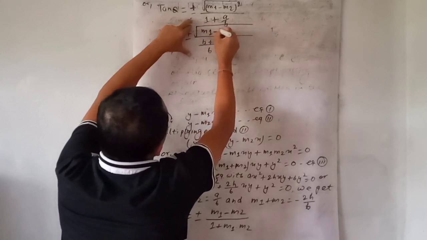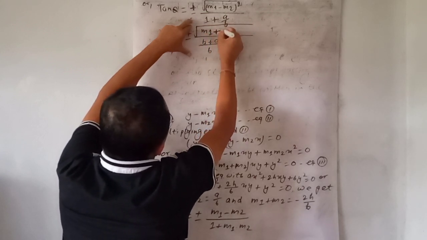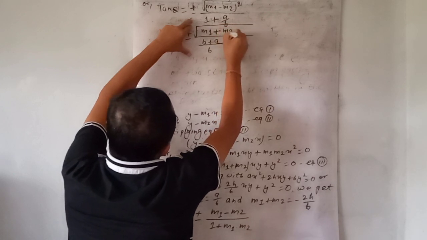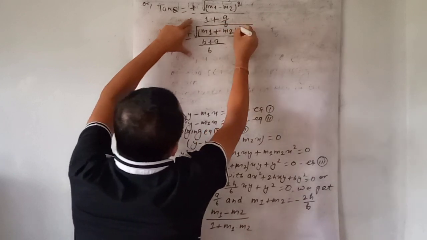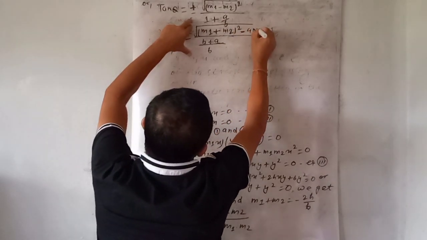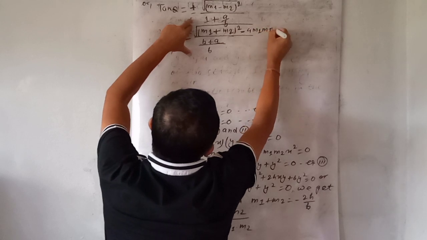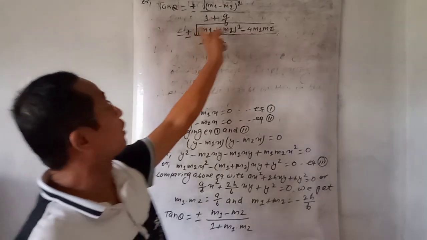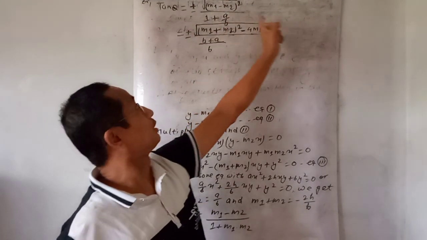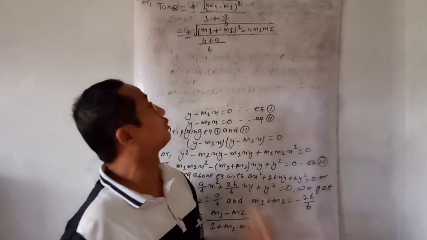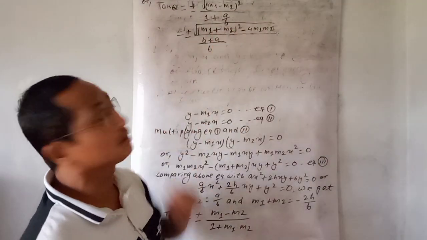So in place of m1 minus m2 whole square we write m1 plus m2 whole square minus 4 m1 into m2. How can we write this?